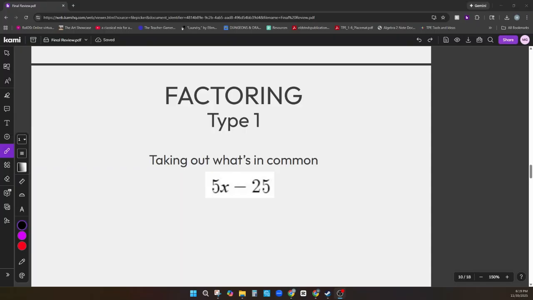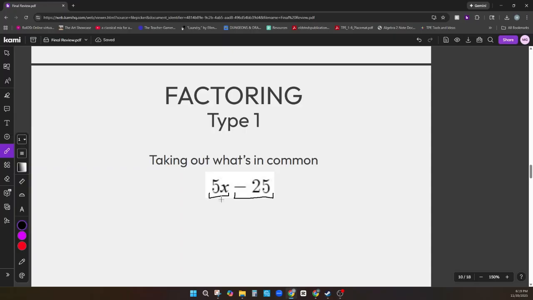Okay, so we're trying to factor out what's in common, and we're going to do that by looking at each of our terms. My first term is 5x, my second term is negative 25. I should actually definitely include that negative in there. So I'm looking at these, trying to see what they have in common. And remember, we're talking about factoring, which means we're talking about multiplication.